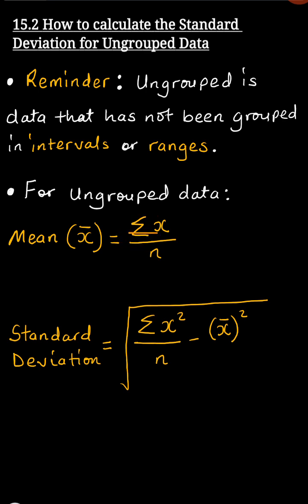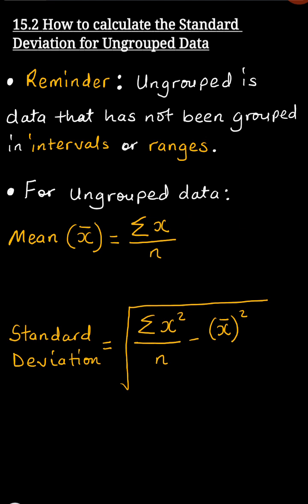This symbol that looks like an E means summation. The word summation simply means add everything. In other words, summation means the addition of everything in that particular column or row.